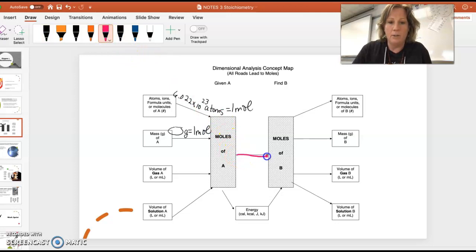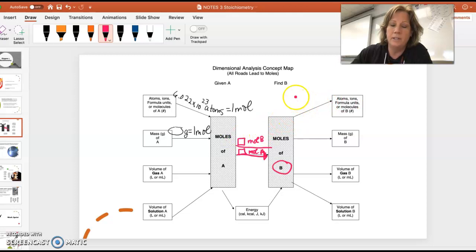So now, and I'm going to show you how to use this, we can make a mole-mole ratio. And what we do is I'm going to put a little box because it'll depend on the coefficients from the balanced chemical equation. But it'll be the moles of B, if you're going over here to B, or what your unknown is, over the moles of A, or what you've been starting with over here.